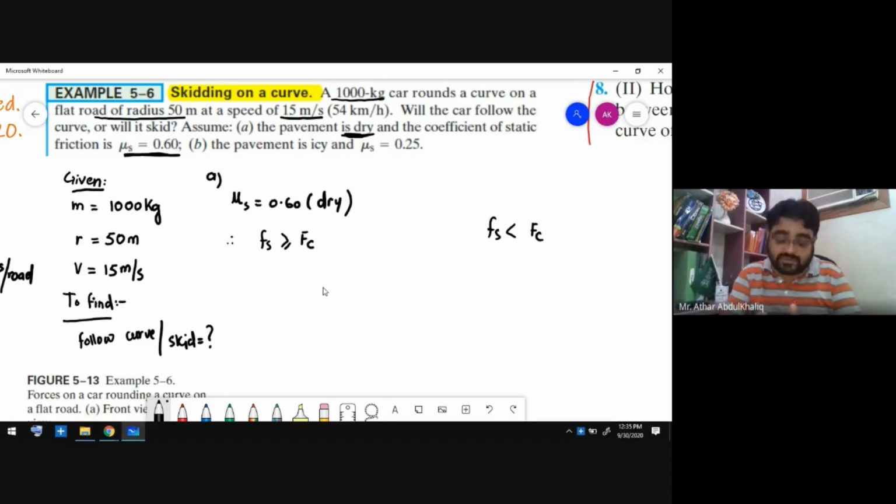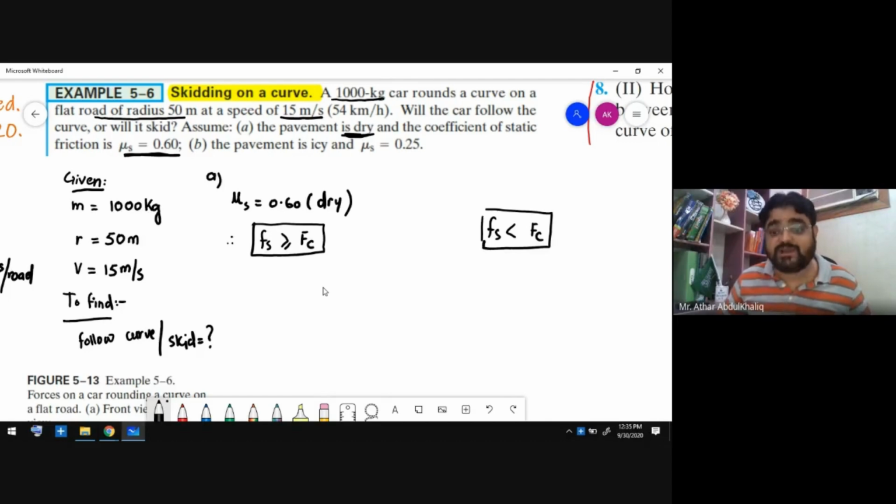Greater than centripetal, the frictional force is more, it means the car can easily take the turn. If friction is less, the car will skid. So this is our point of concern, that we have to check which statement it will follow. For that purpose, I need to find Fc first.